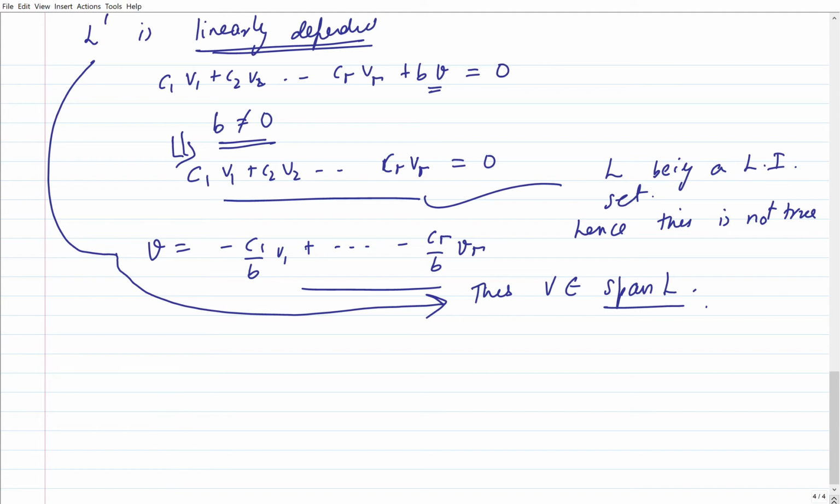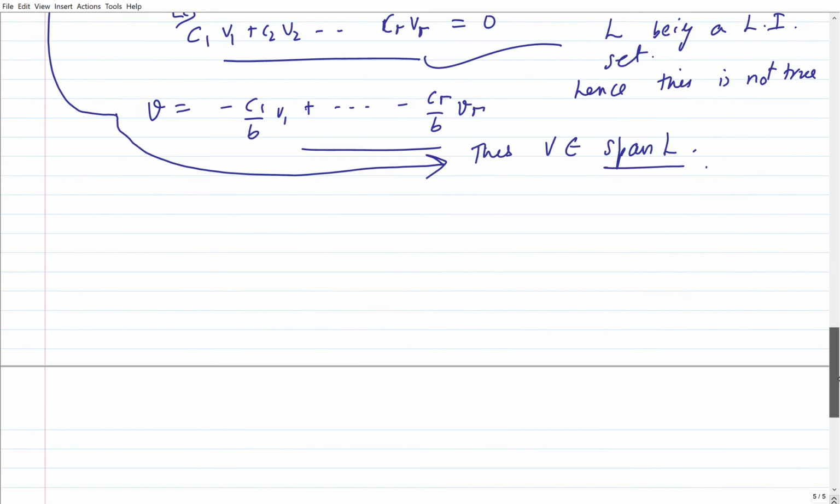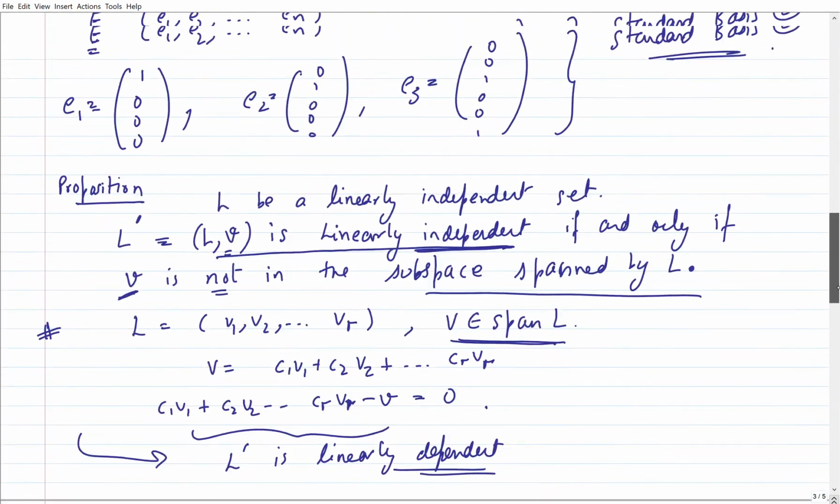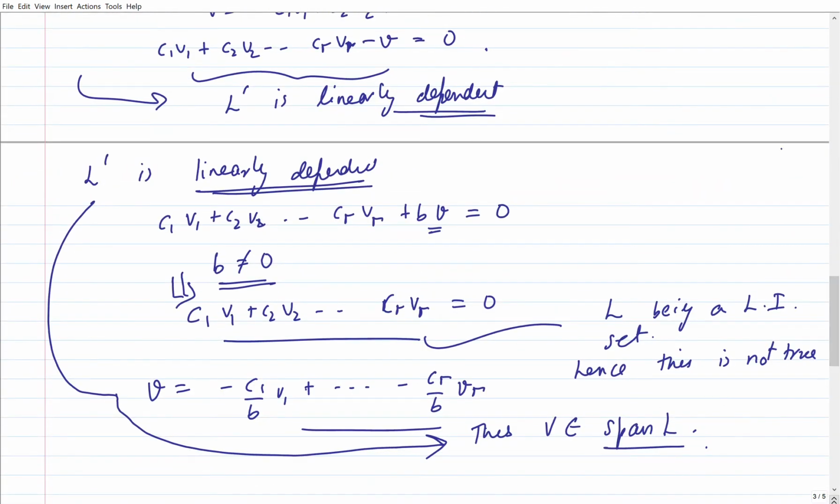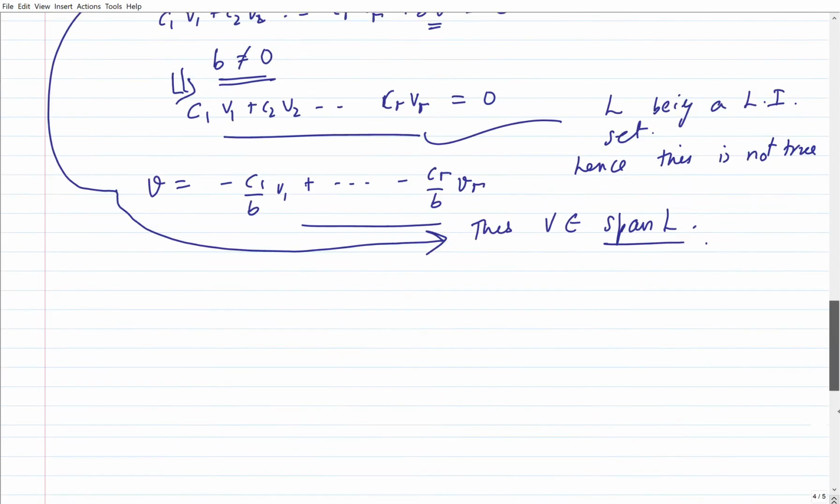So what's my next proposition? My next proposition is, consider the set S prime, then the span of S is equal to the span of S prime.